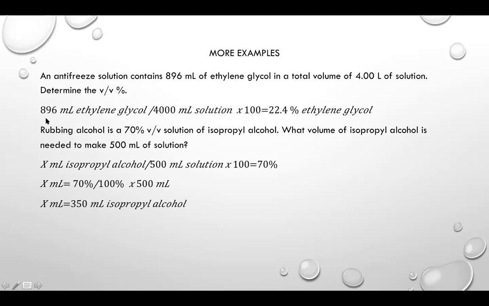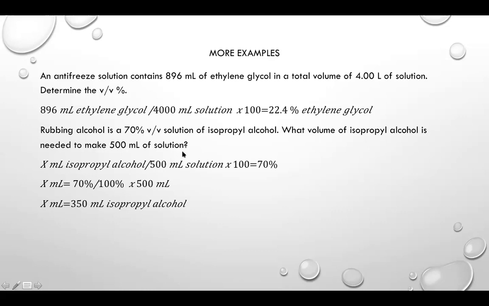So we'll plug this into our equation. We'll put 896 mils of ethylene glycol divided by 4,000 mils of solution, multiply that by 100, and that gives us 22.4% ethylene glycol. So now we're going to do where we're given the percentage of volume per volume, and we want to know the volume of isopropyl alcohol that is needed to make 500 mils of solution.